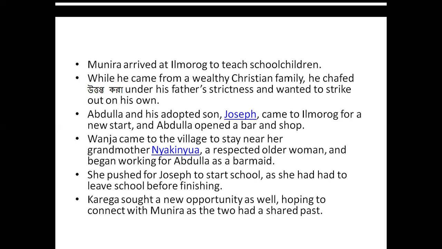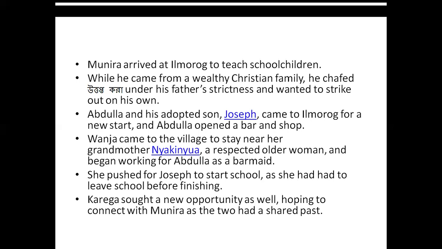Abdullah and his adopted son, Joseph. Abdullah, another important character in this novel, has an adopted son. His name is Joseph, and they came to Ilmorog for a new start. And Abdullah opened a bar and a shop.